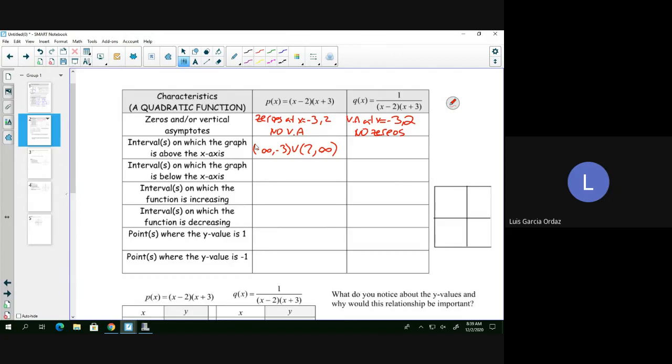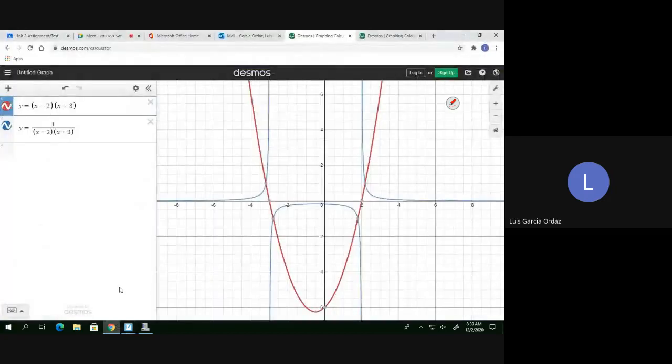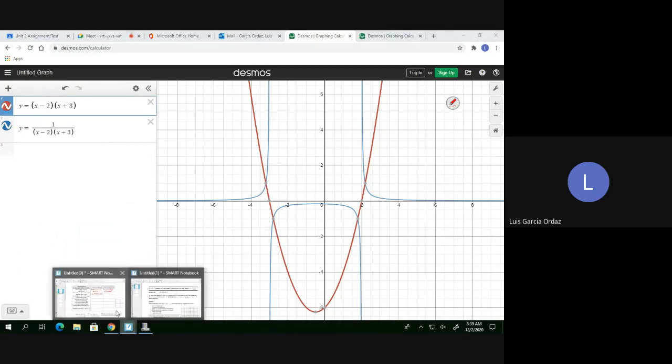All right, the next one's going to be a bit trickier because we have a lot going on with the reciprocal. So where is the reciprocal above the x-axis? Negative infinity to negative 3, and 2 to infinity. Yeah, so it's the same thing as its parent function.